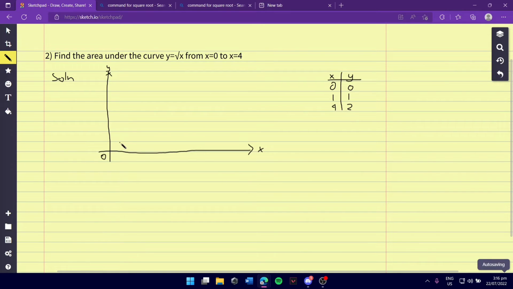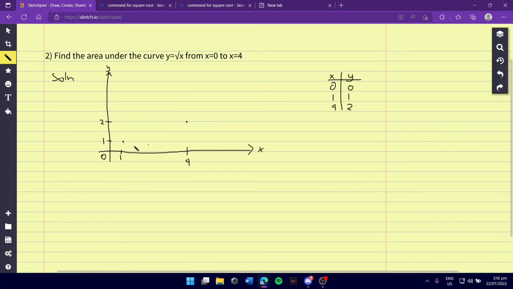0, 0; 1, 1; 4, 2. So this is now your graph.